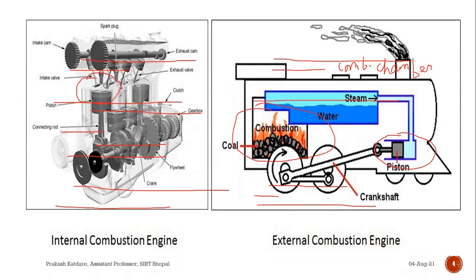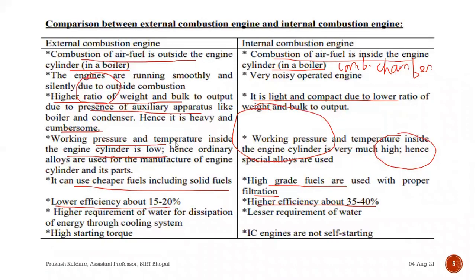So for designing and constructing the internal combustion engine, you require some special alloys, special materials. But for an external combustion engine, you can utilize normal mild steel, etc. You don't need any special type of alloy which are required for high pressure or temperature.